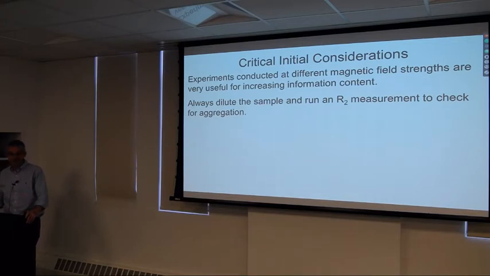So it's always useful early in one's work on a given molecule to dilute the sample, run a transverse relaxation measurement, and make sure that one is working in a regime in which the relaxation rate constants are as independent as possible of solution concentration.